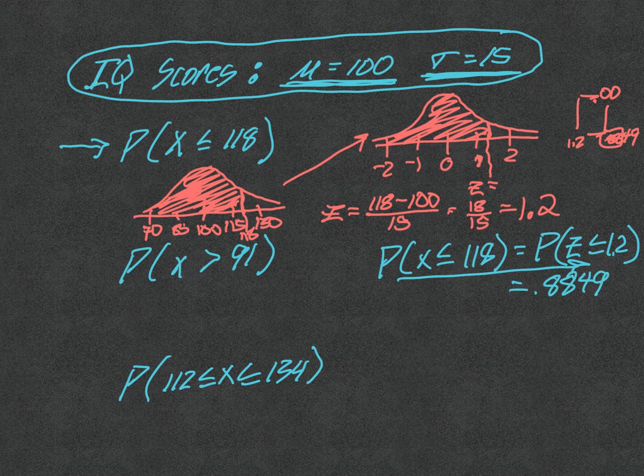Okay? Now, just so you know, I can do this on a calculator too, and we're going to come back to that. Okay? So let's go to the next problem.